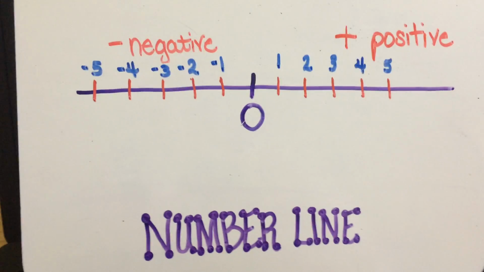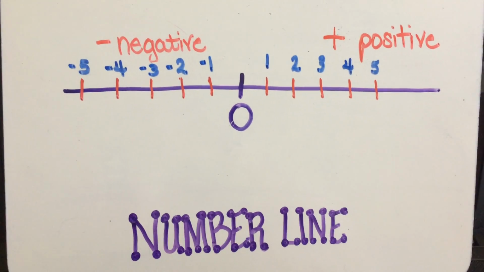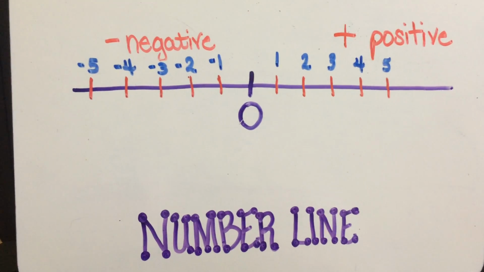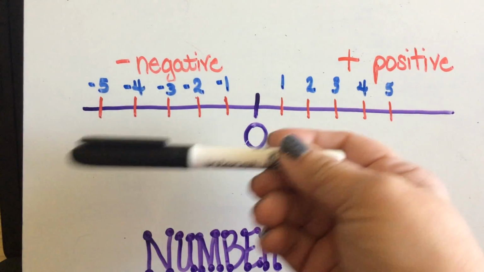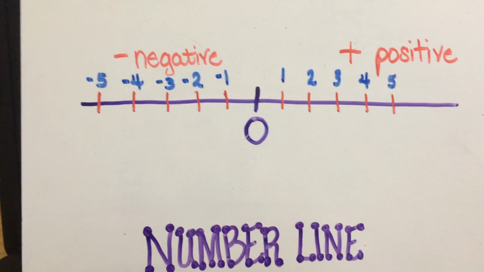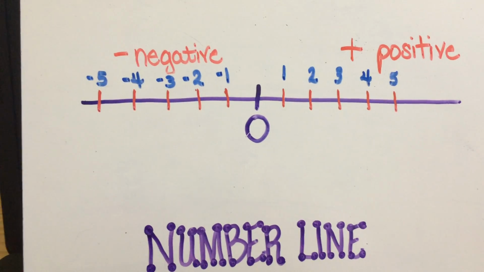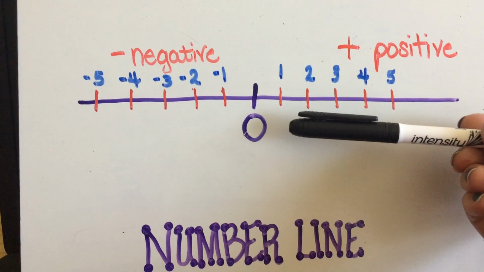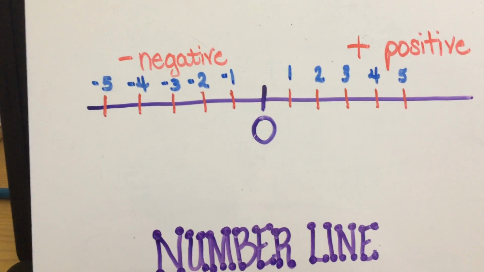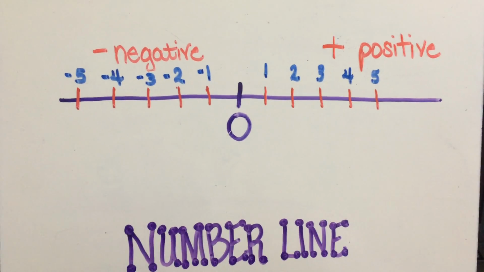What if a town is situated 20 feet above sea level? Would that be on the positive or the negative? 20 feet above sea level would be on the positive. What if you deposit $200 into your checking account?